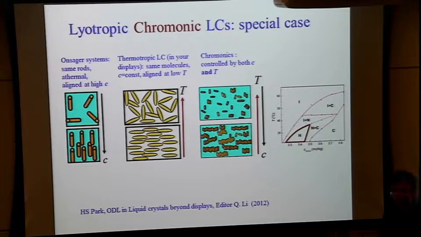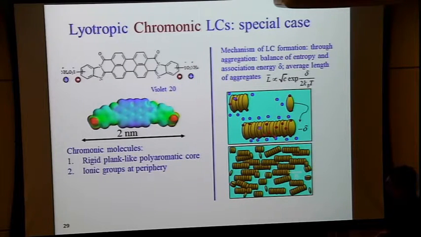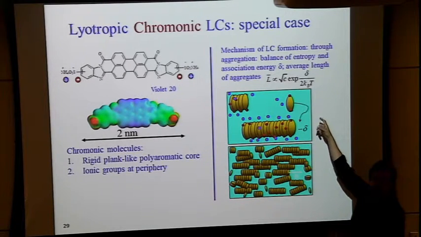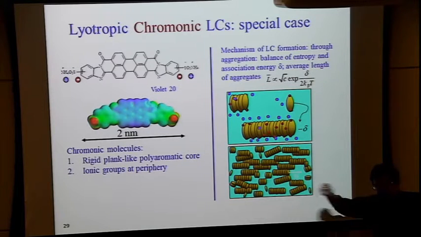For this type of liquid crystal, what determines the maximum length they can achieve? It's a good question. In the isotropic phase, it's this formula. You take the stickiness, the desire to stick together, and then the entropy, that they would like to go as far away from each other as possible.